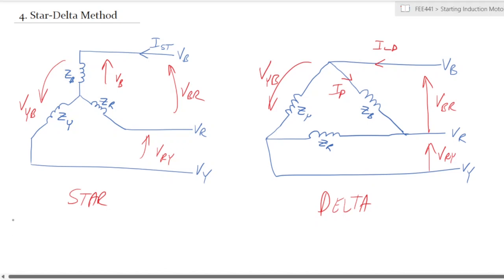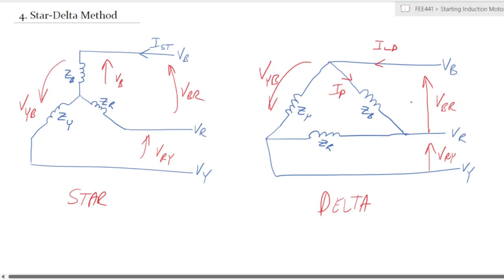Now, in the case of a delta configuration, you have the windings connected in the delta configuration next to each other, and the line voltage will be equal to the voltage across the phase. And similarly, on the star side, the voltage that is applied on the line is different from the phase voltage, which is denoted by this.